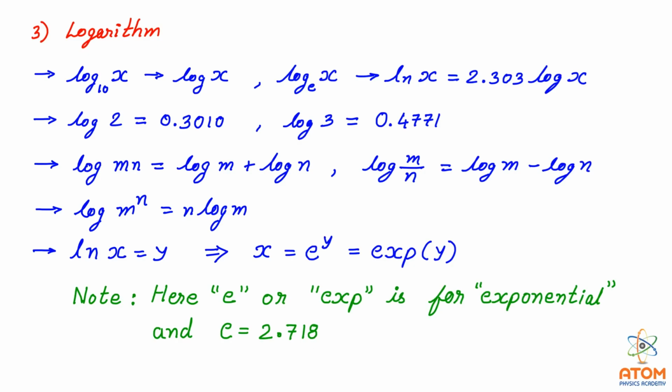So again I can say now, if ln of x is y, then x will be equal to exponential y. You can write e raised to y or you can write exp into bracket y, but you have to call it exponential y. This is exponential y.